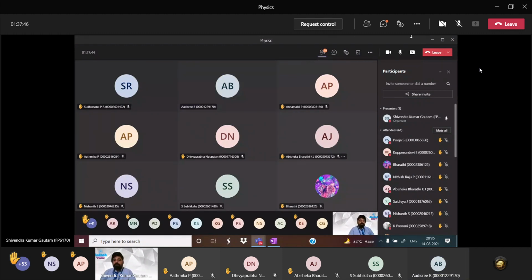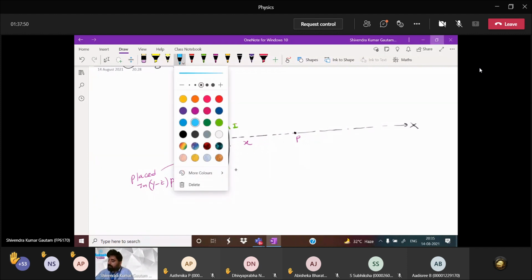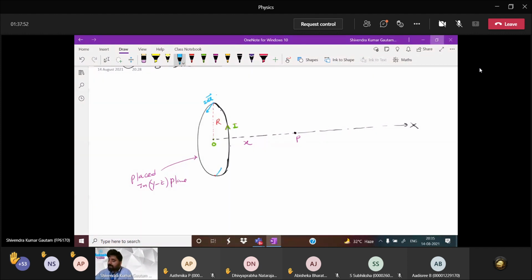Tell me, at this other point, what is the current element direction? It will be somewhat like this, going inward, or not? Yes, sir. The current is coming like this, tangential, so one element is coming towards me and one is going away from me. Now at point P we are calculating the magnetic field.